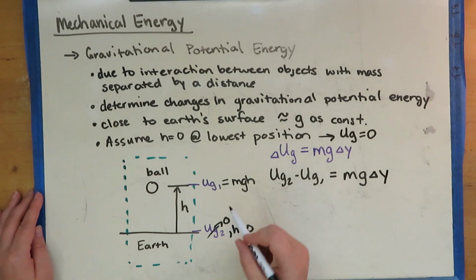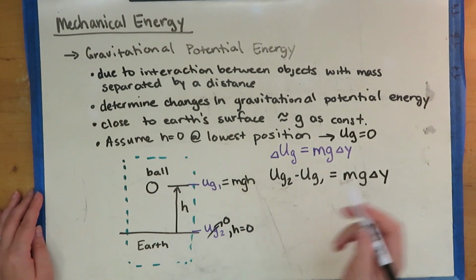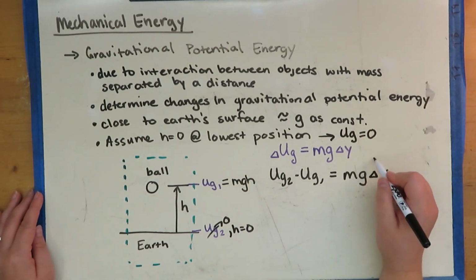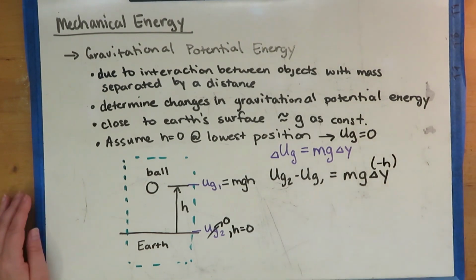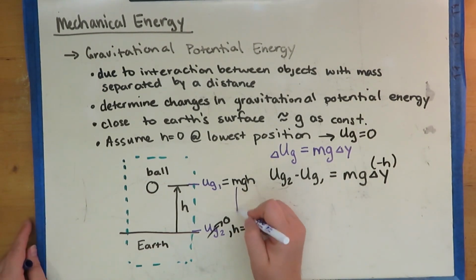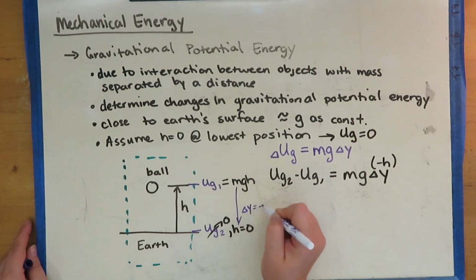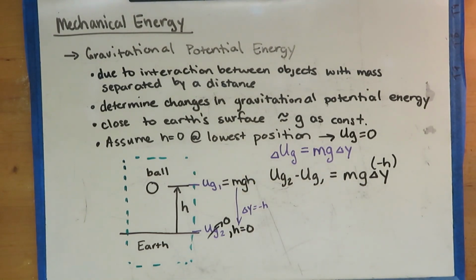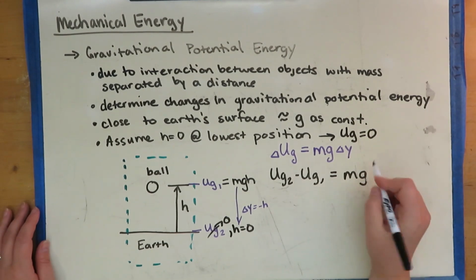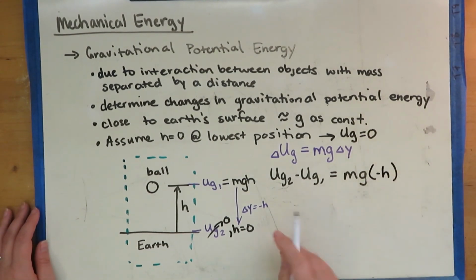But technically, if you go from U_G1 to U_G2, this delta y would come out negative, and it would equal negative h, because you're going in the negative direction. So this is going to be mg times negative h.